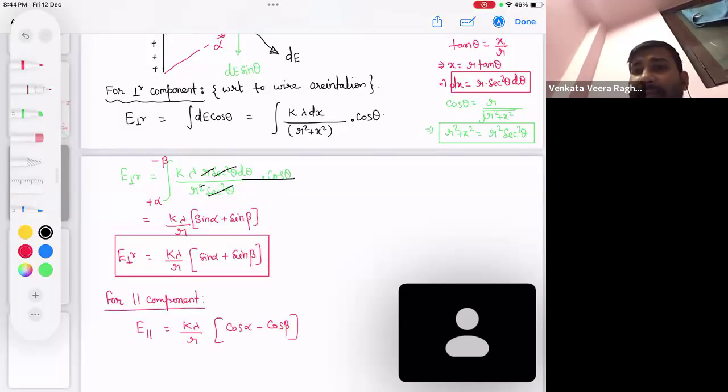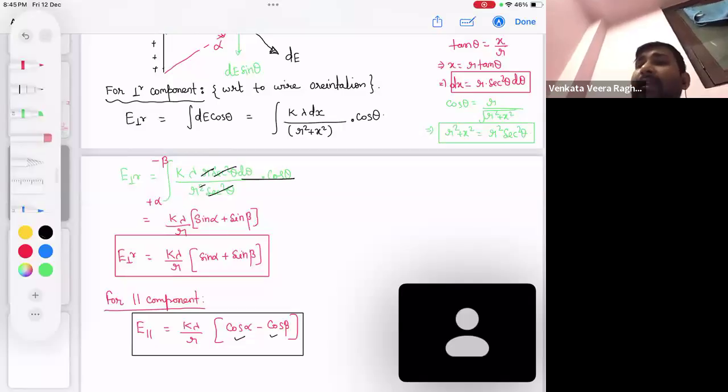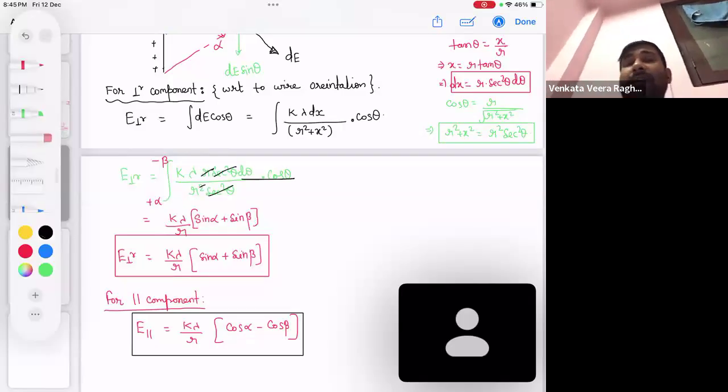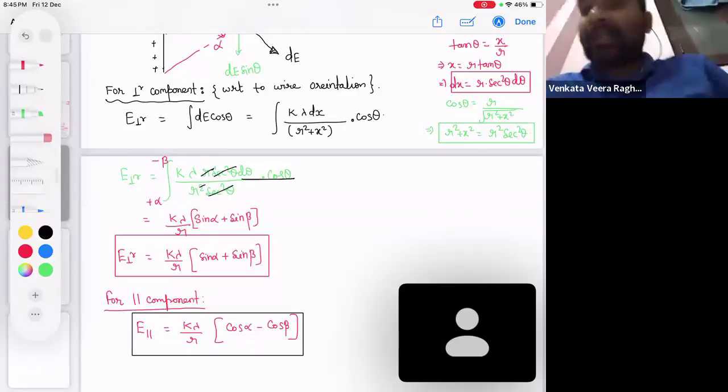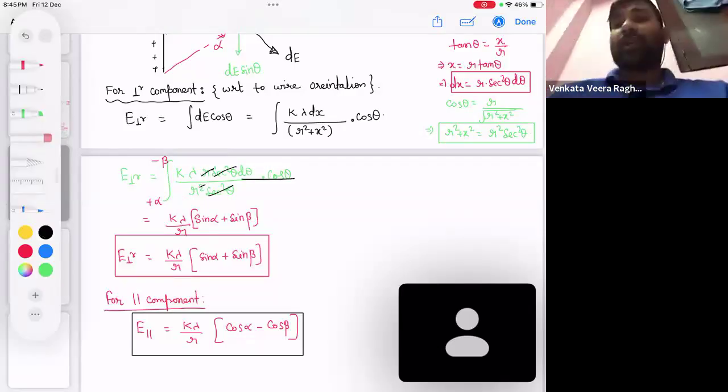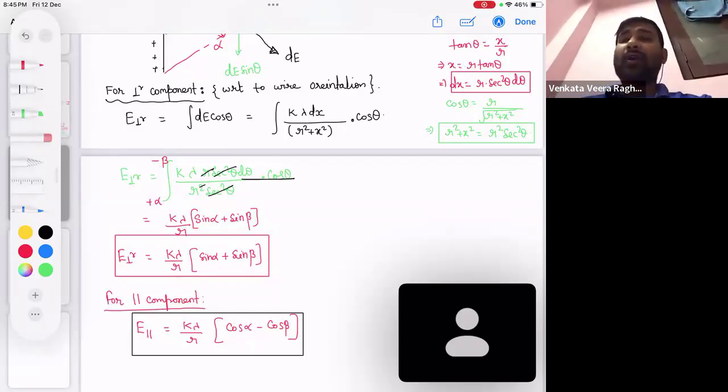So if it is a symmetric arrangement, alpha and beta are equal. So cos alpha and cos beta will cancel each other out. So for a symmetric arrangement, we will only have the perpendicular to rod component, no component along the rod. Clear? Along the rod, there won't be any component.